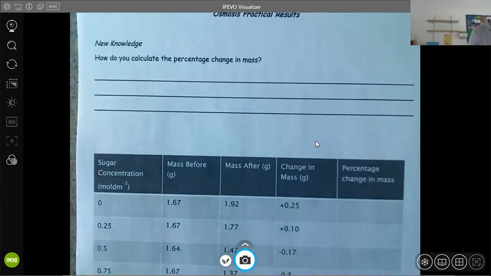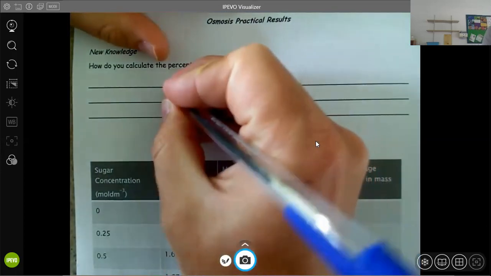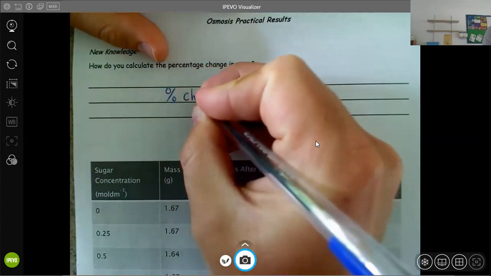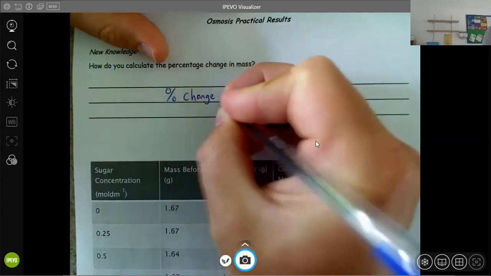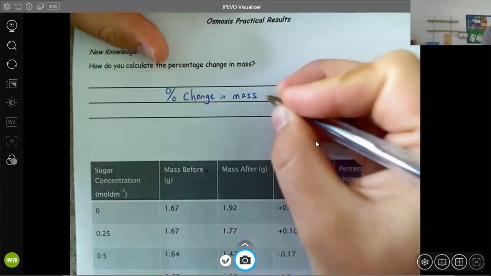To calculate percentage change in mass, you need to know an equation. To calculate the percentage change in mass, we need to do the following.